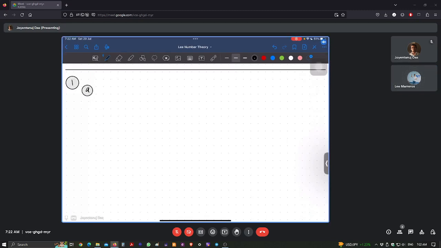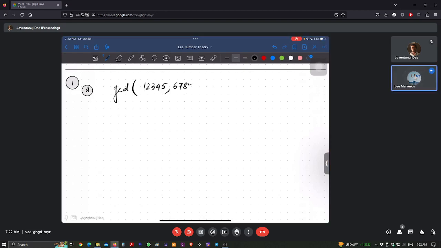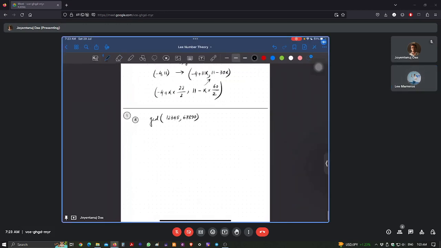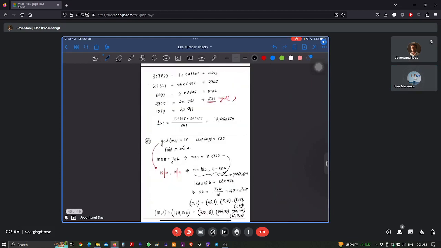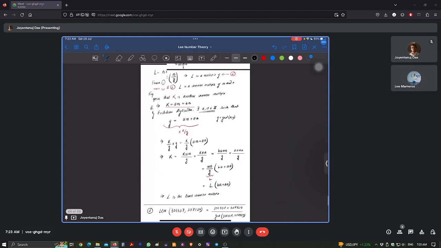So they're asked to find an integer solution to the equation. You have to find first the GCD, so you have to use the Euclidean algorithm. I think we've done this before. Let me check once.